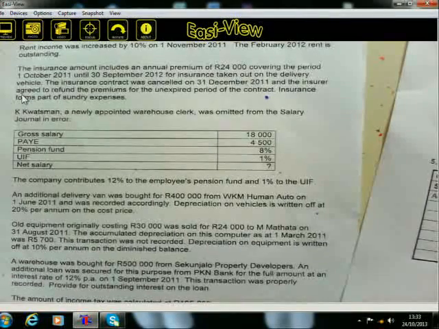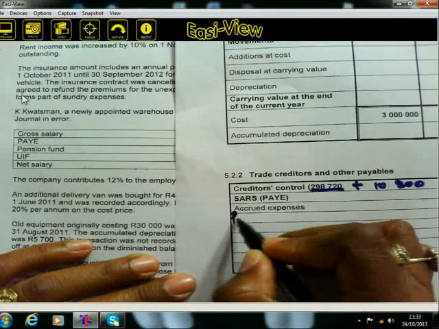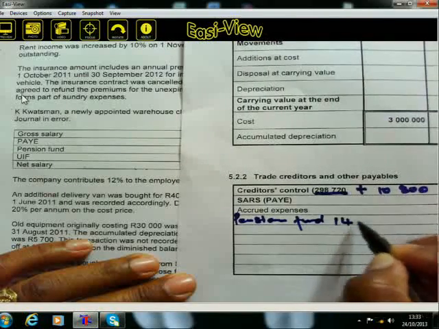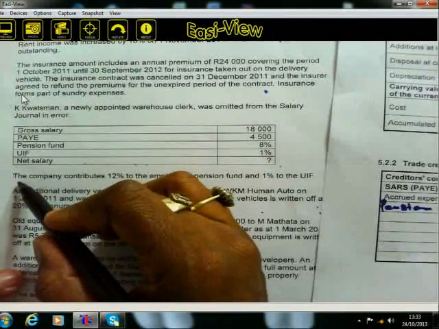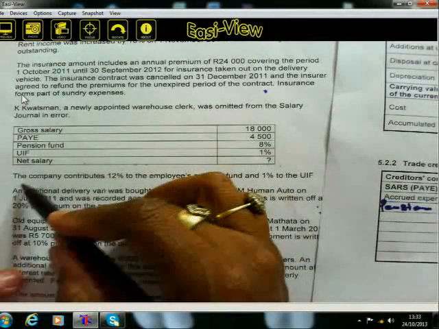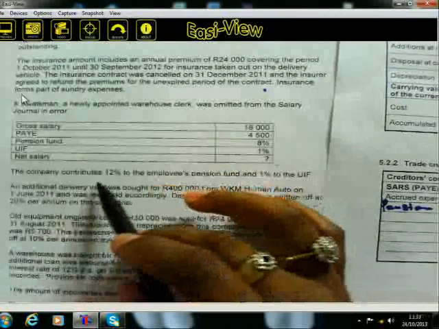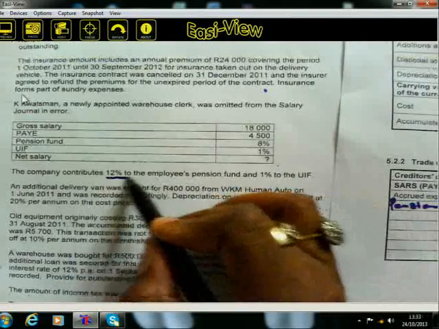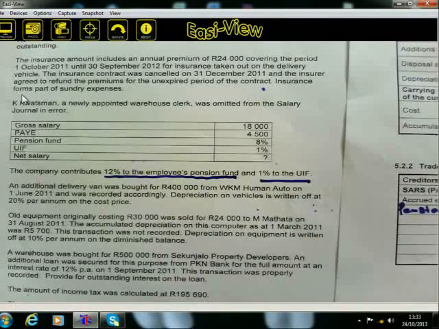It gives us 1,440. But at the bottom of the information given, there is another piece of information that we should take into consideration. It reads, the company contributes 12% to the employees' pension fund, and 1% to UIF.